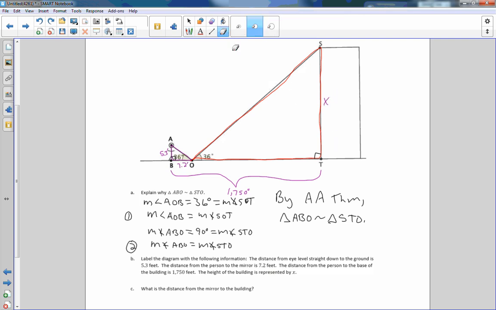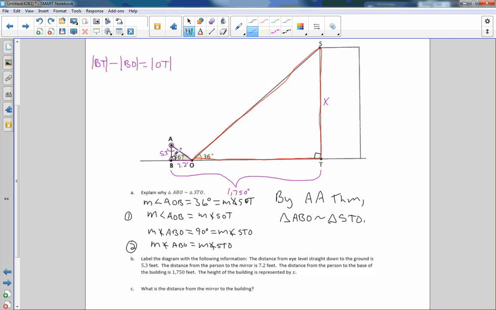Okay? Now, the reason I was saying to be careful is we know the length of OB. We know the length of BT. So I want to know what OT is. So I'm going to show this algebraically to explain what's going on here. They gave us the entire distance and a portion. To get the other portion, we need to subtract. So I would say the length of BT minus the length of BO equals the length of OT.